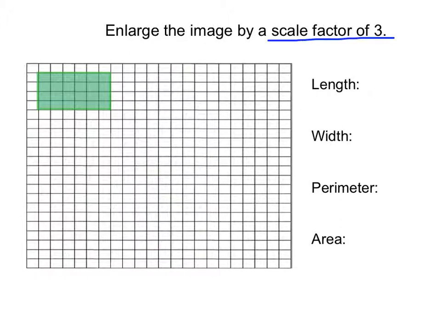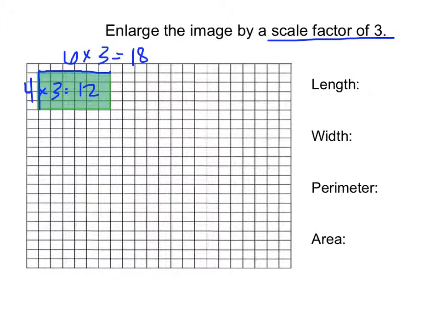So our box is 1, 2, 3, 4 squares high, and it's 1, 2, 3, 4, 5, 6 squares long. So if we enlarge both sides by 3, our new dimensions are going to be 18 and 12.